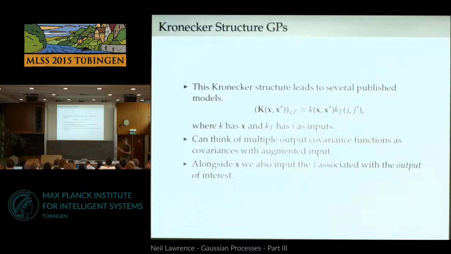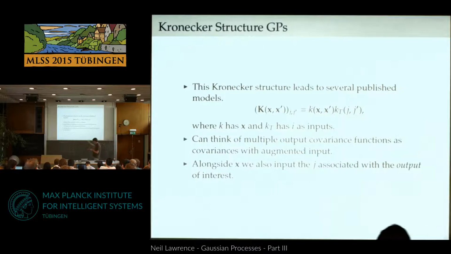It's just a particular covariance function, like I said before, where you take 2 inputs, x and x prime, then you multiply by another covariance function, which is a function of 2 indices, j and j prime, which is the correlation between the 2 outputs you're interested in. Why is that?